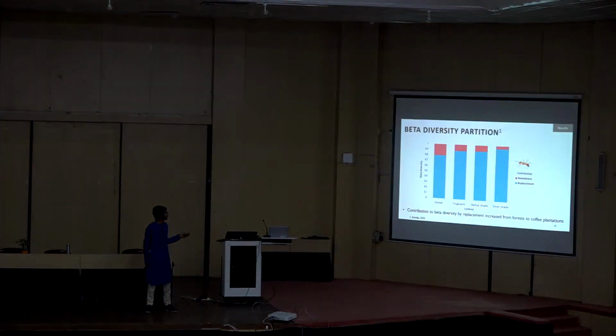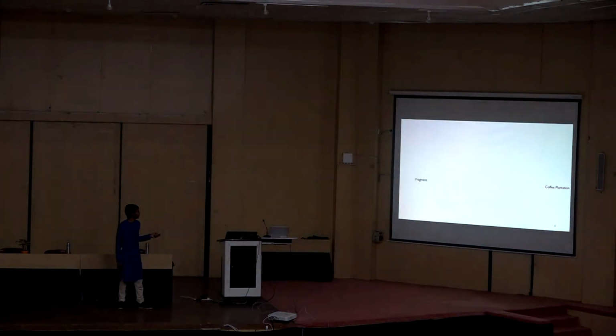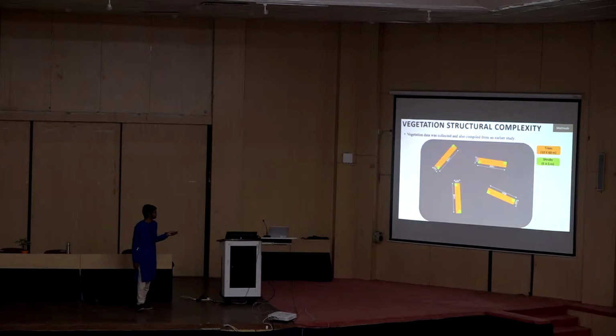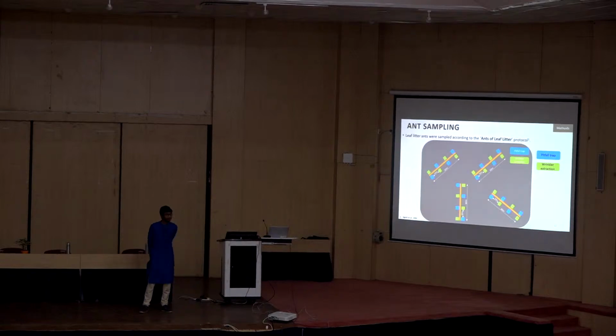When you sampled your plots, there should be the distance from the edge, distance from any other habitat type, distance from any unique features in that particular landscape, because these are the parameters which are going to influence the species richness or community structure of the ants in a particular landscape.